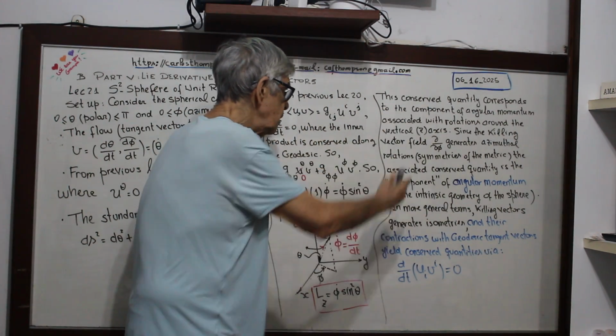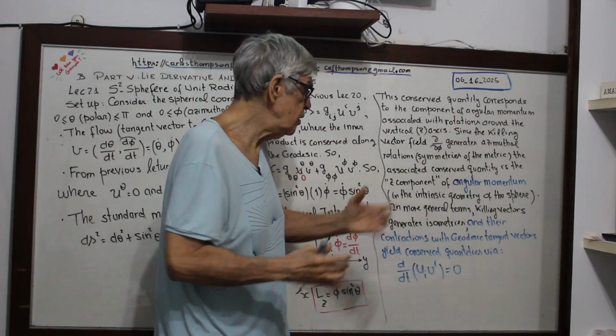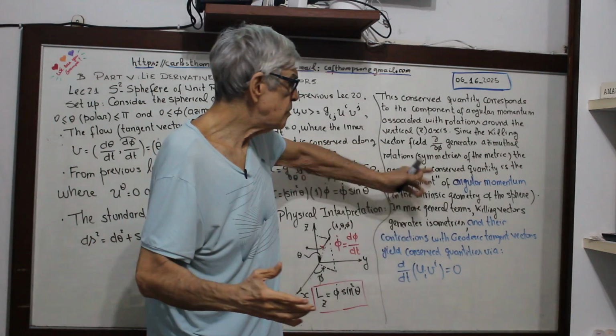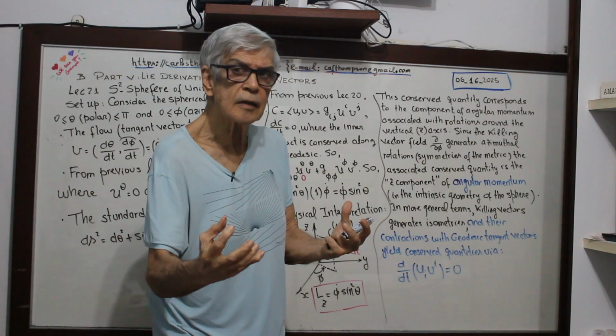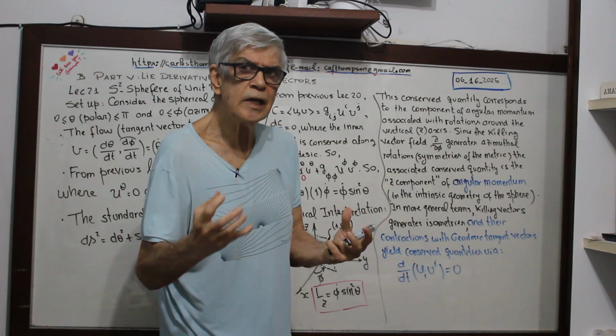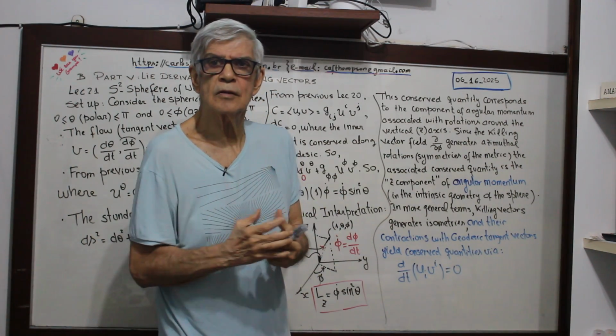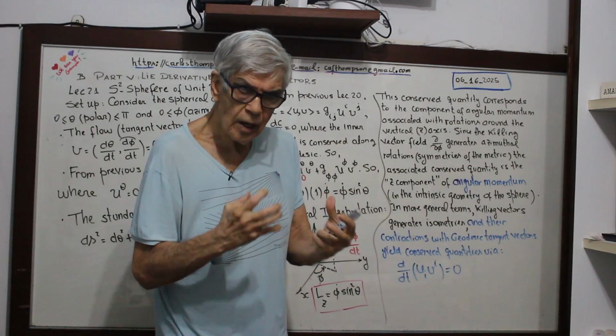That's important, because here it is emphasized that the Killing vector needs a geodesic to lead to a conserved quantity. They work together.